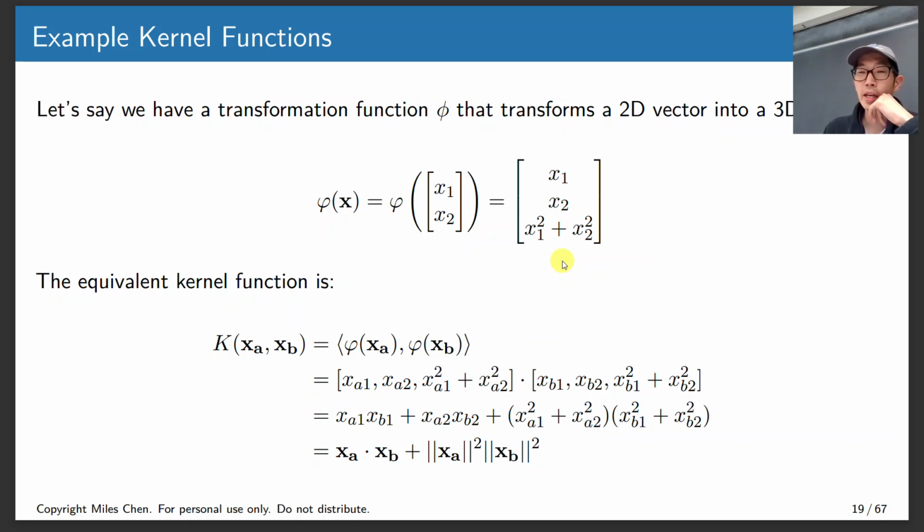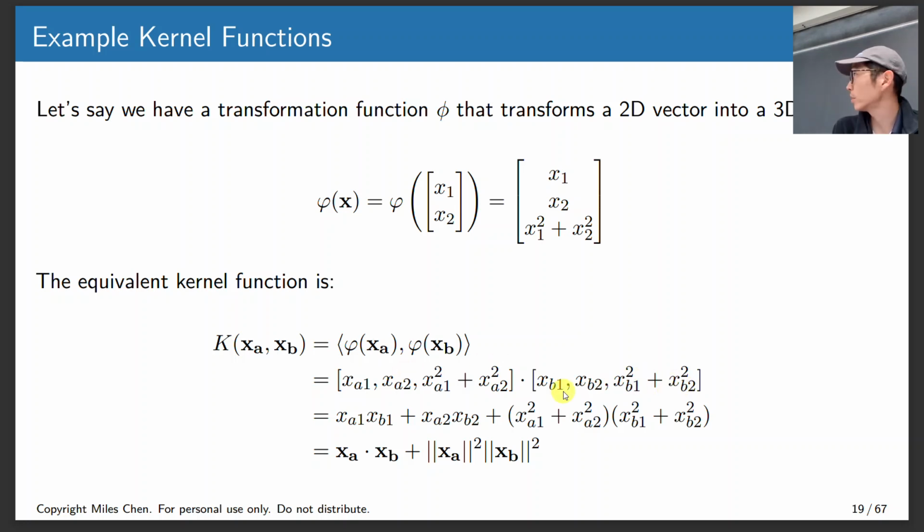And there is an equivalent kernel. If I transform xa into this 3-dimensional vector, xa1, xa2, and then xa1 squared plus xa2 squared. And then I transform xb into xb1, xb2, xb1 squared plus xb2 squared.